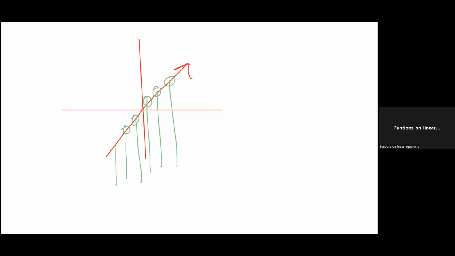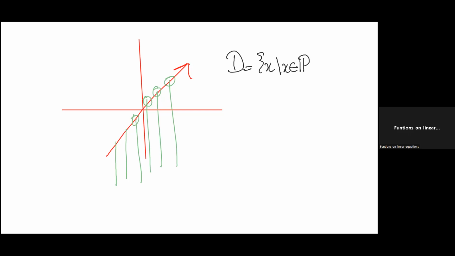Now the next thing is I have to tell what is the domain and what is the range of this one. So it's very simple. You just have to remember for every linear function, for every linear equation, or in simple words, if you have a graph which has a straight line, the domain should be x such that x is an element of real number.